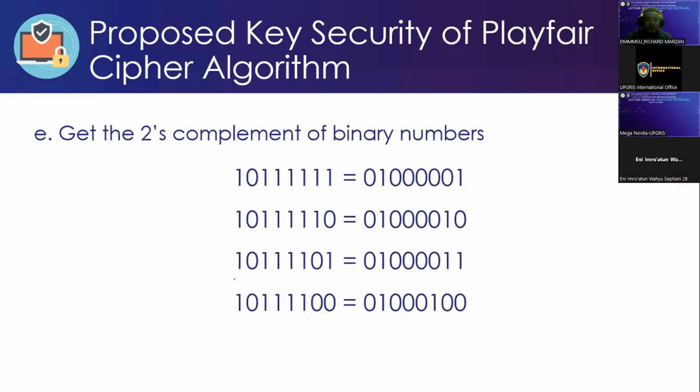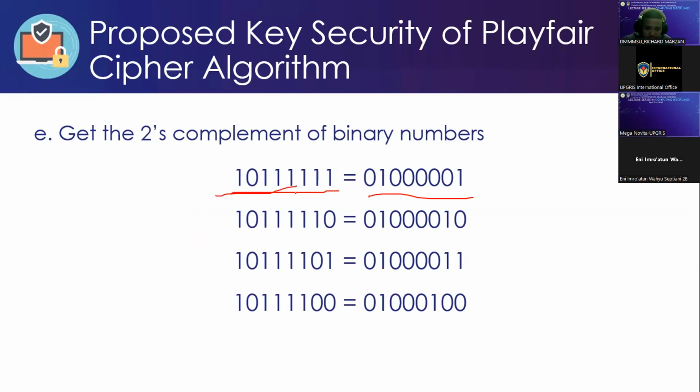Then after the XOR, we will get the 2's complement of the binary numbers. In order to do that, first you have to get the 1's complement, then add 1. Then we will get the 2's complement for these binary numbers.